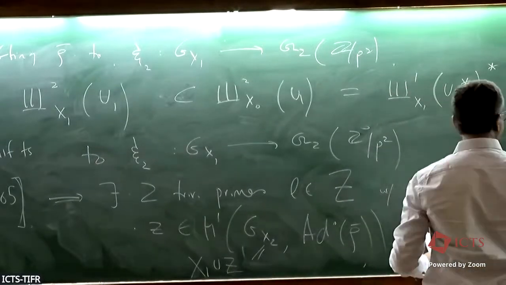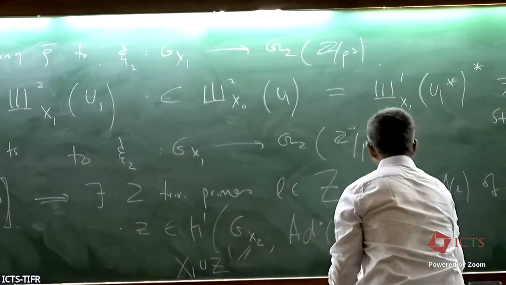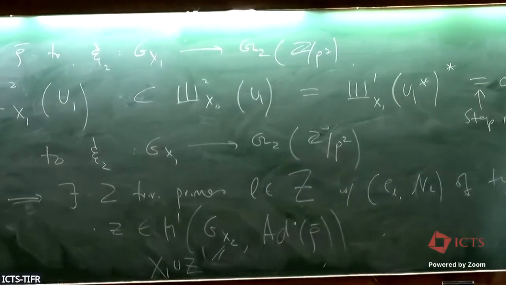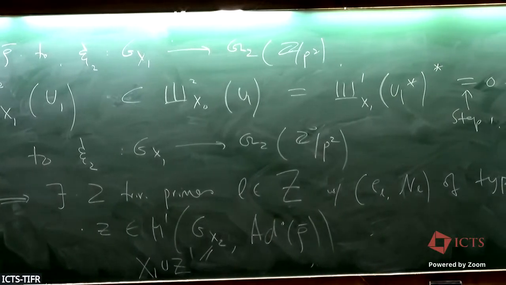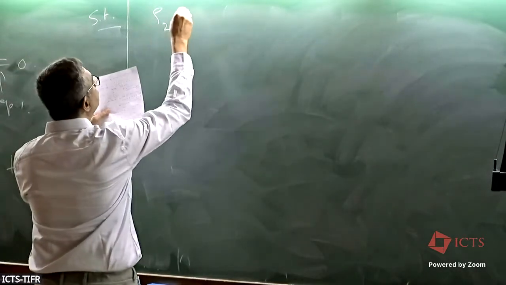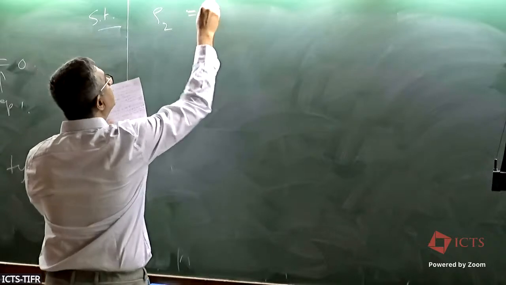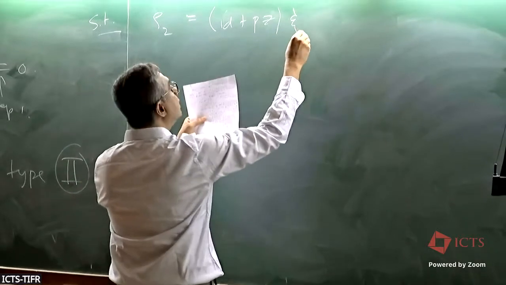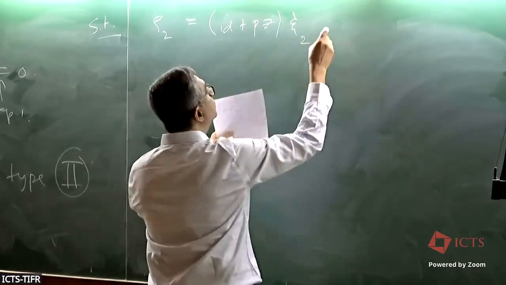Such that the twist rho 2 of xi2 by z, that's identity plus pz, tweaked by this H1 class on xi2.